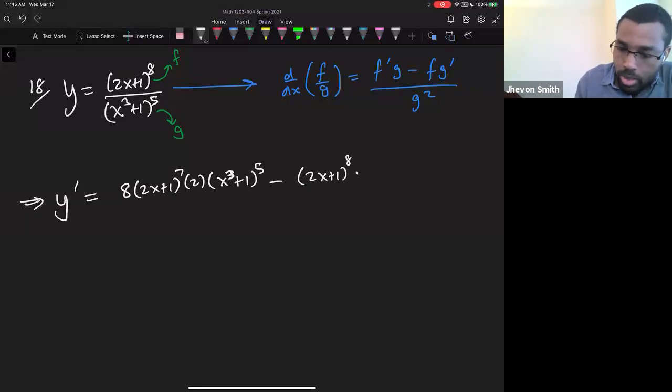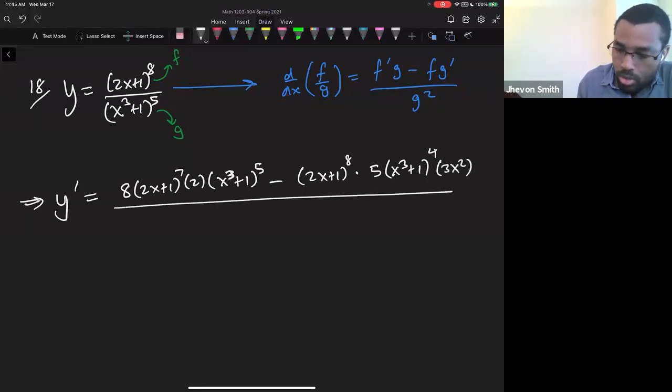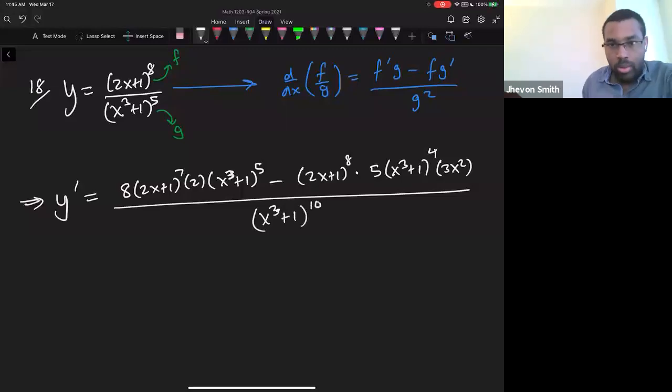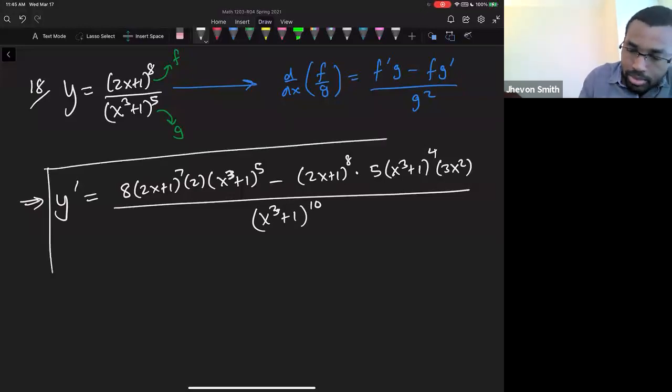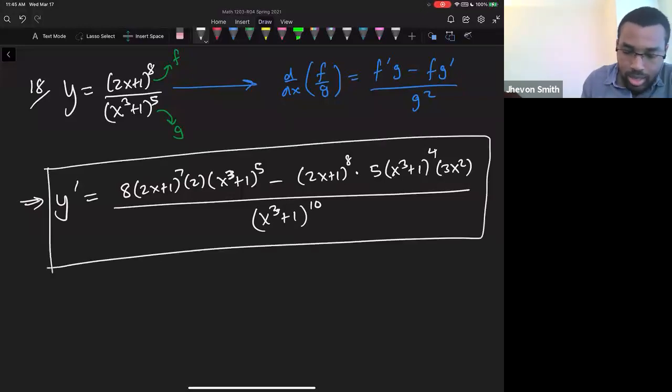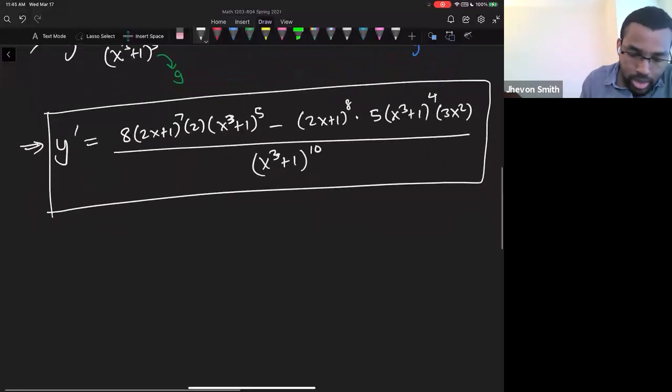And this is going to be 5 times x cubed plus 1 to the 4th times 3x squared, all over the bottom squared. And we know that when we square something to a power, it just doubles the power. So that's the first step. And this is in some sense the answer, but let's simplify.